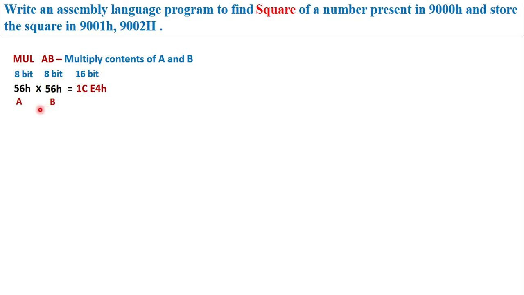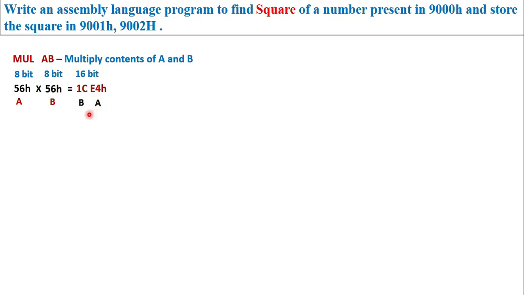And the result after multiplication is always stored in A and B registers itself. In a 16-bit number, there is the higher byte, the higher 8 bits, and the lower byte. After multiplication, the higher byte is stored in the B register and the lower byte is stored in the accumulator.